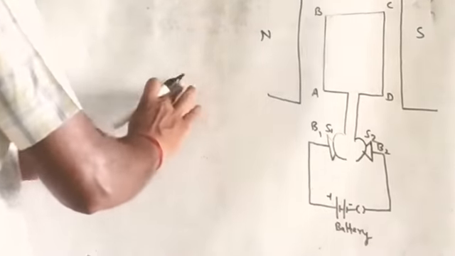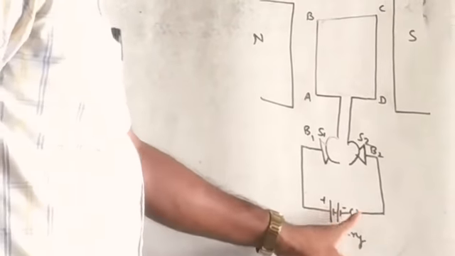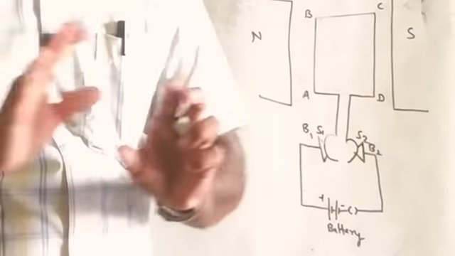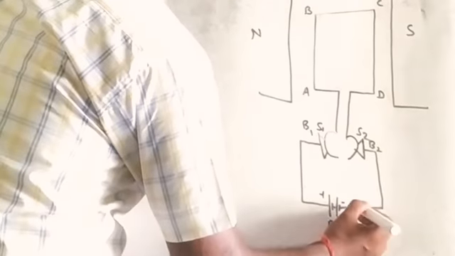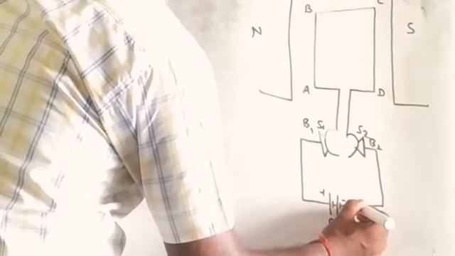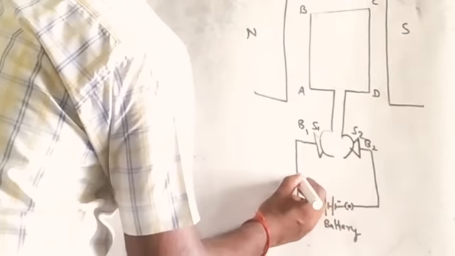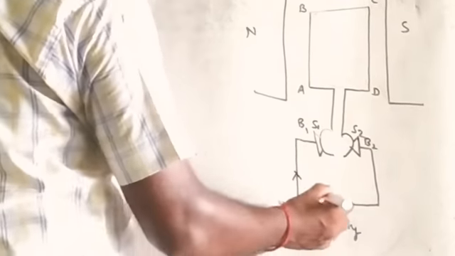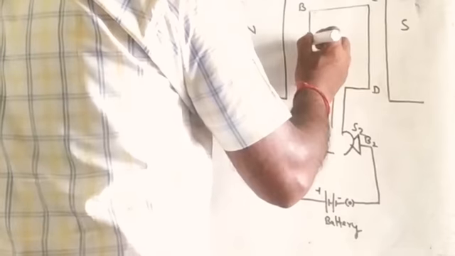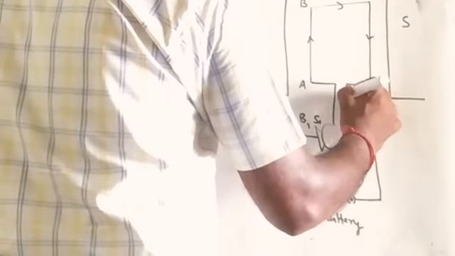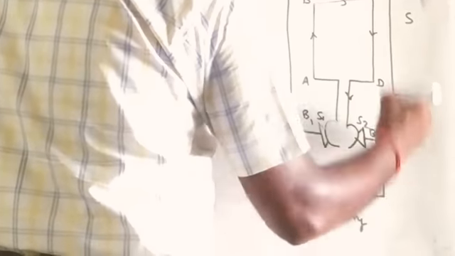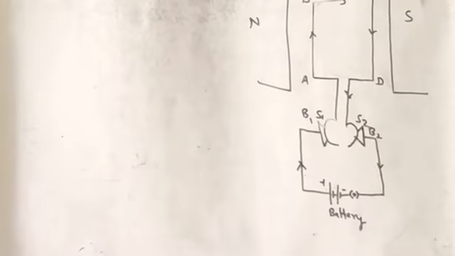In that diagram the circuit is open, nothing is happening. When we close the circuit, then all of you know that electric current passes from the positive terminal to the negative terminal like this. Clear, all of you?